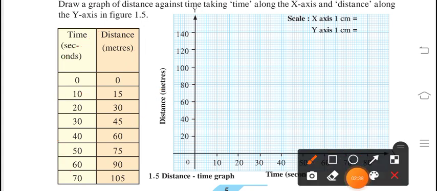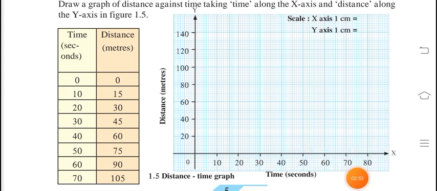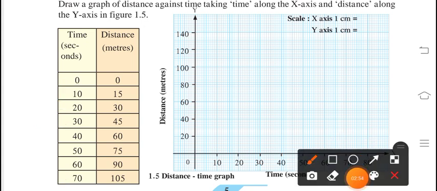Now you can observe here that between this time variation a proper difference is there. If you do 20 minus 10, 10 difference is there. If you do 30 minus 20, 10 difference is there. So this difference is common, so it is going on uniformly. With respect to distance also, after 15 meter comes 30 meter, after 30 meter comes 45 meter.